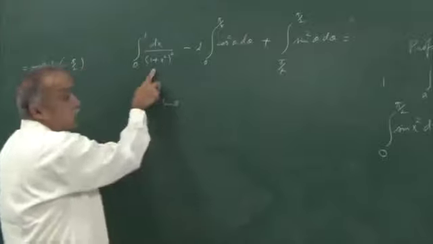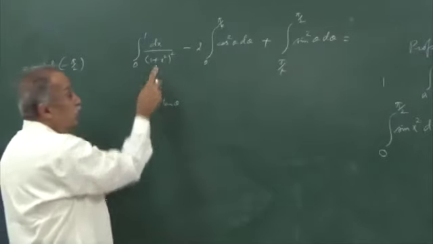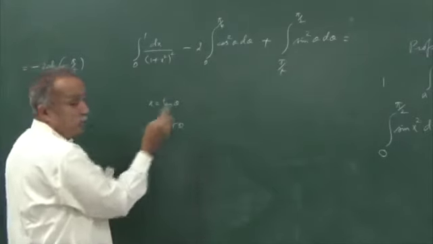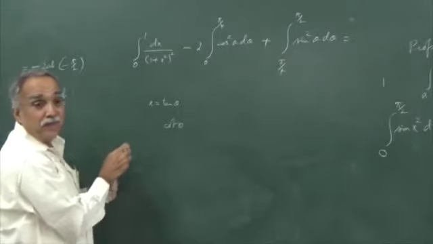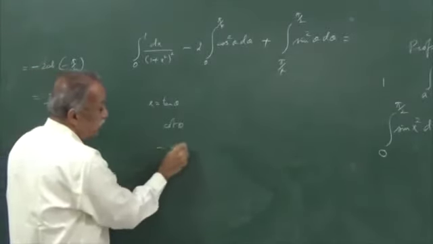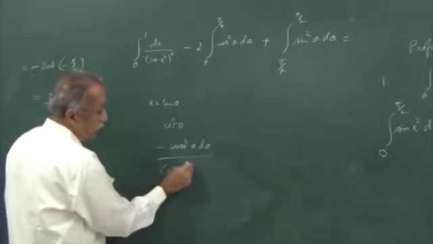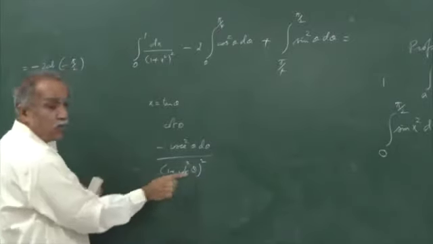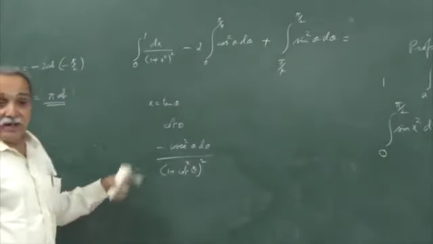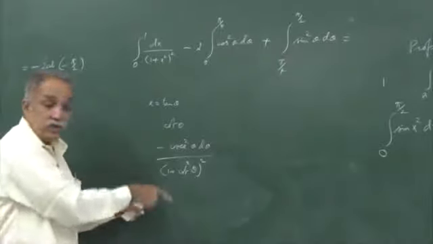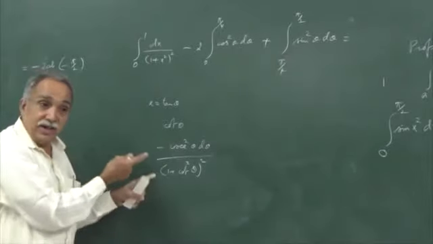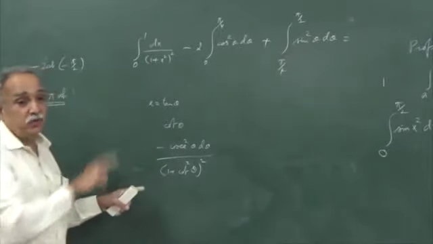Instead of trying x equal to tan theta, suppose you try x equal to cot theta, what happens? This becomes minus cosecant square theta d theta divided by 1 plus cot square theta whole square. 1 plus cot square theta is cosecant square, its square cosecant power 4, cosecant square cancel, remaining cosecant square you shift to numerator.